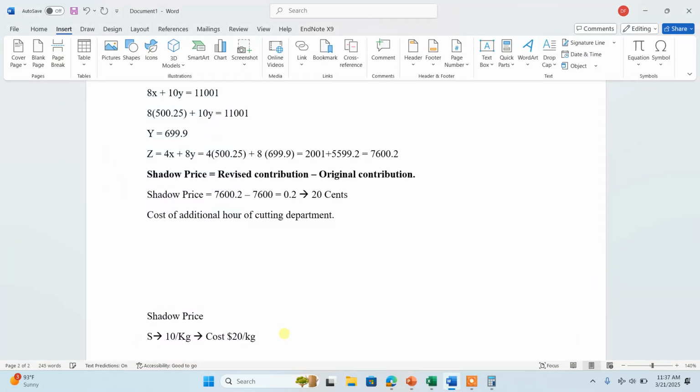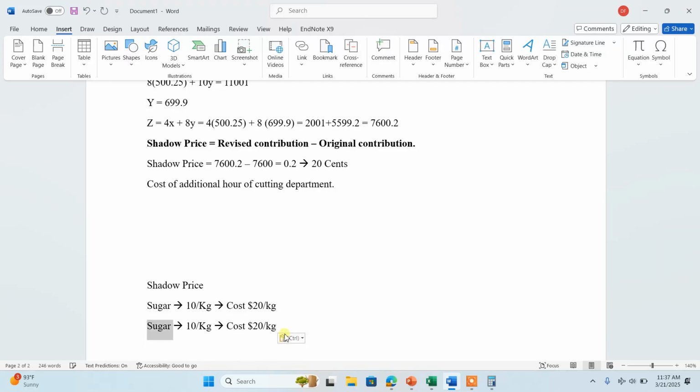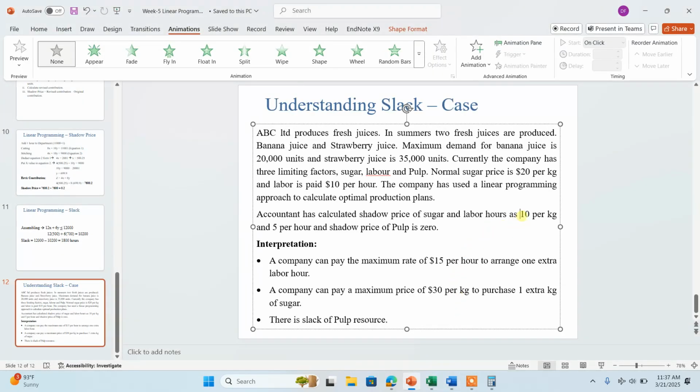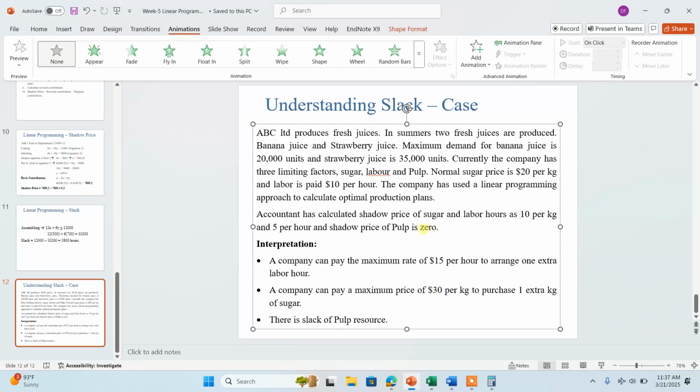This is for sugar, and for labor, the shadow price is $5 per hour and the cost of labor is 10 per hour.